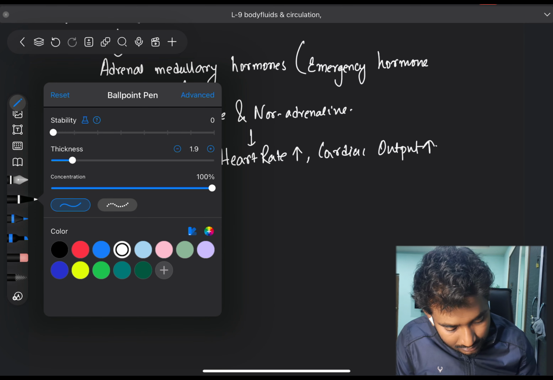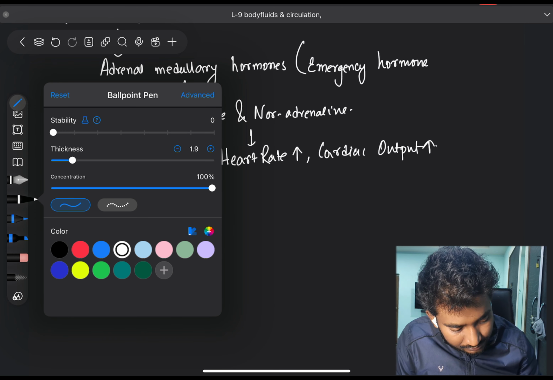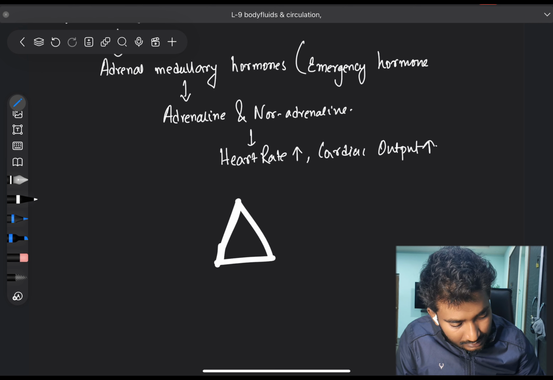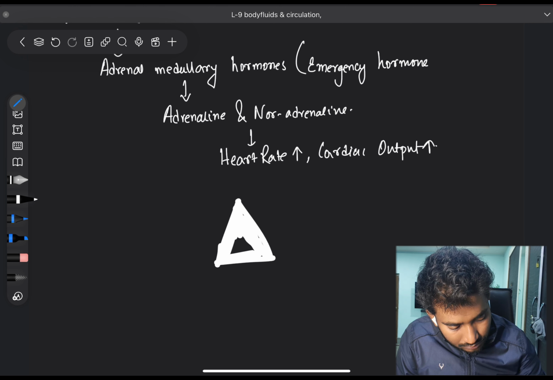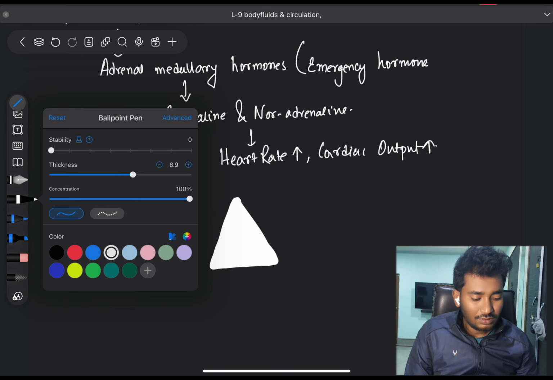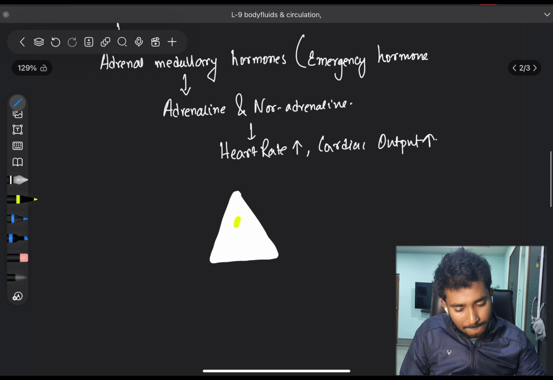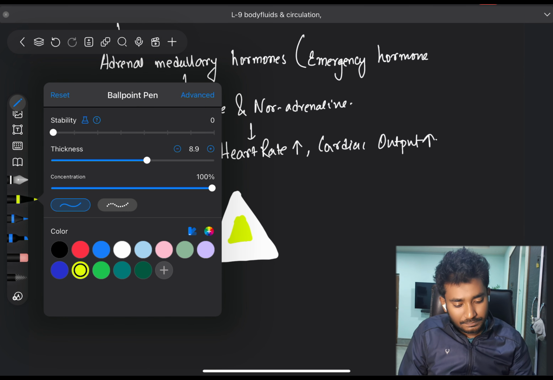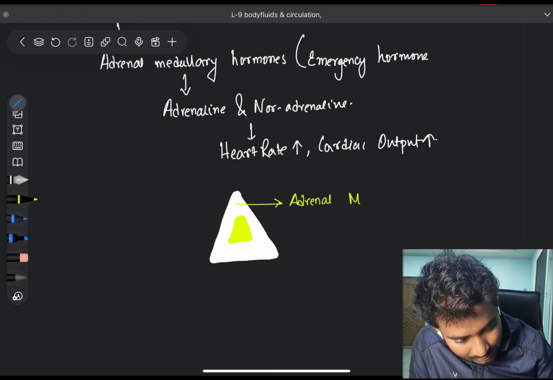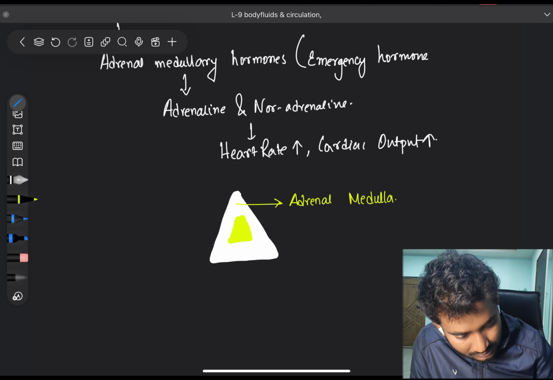Now I am drawing a picture. This is the adrenal medulla, while this is the adrenal cortex.